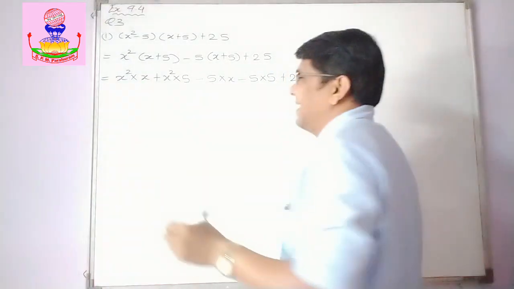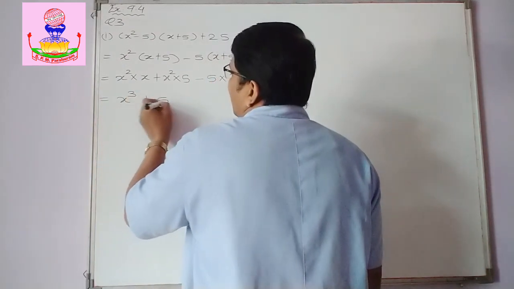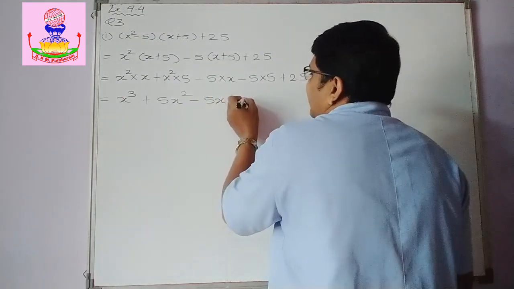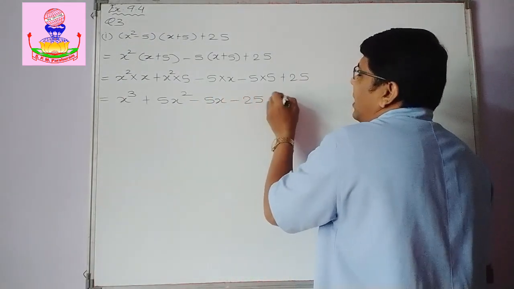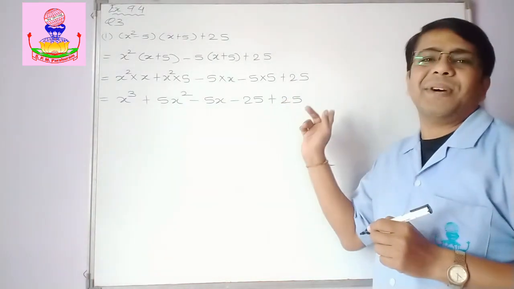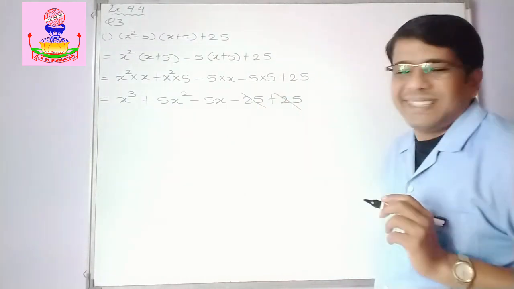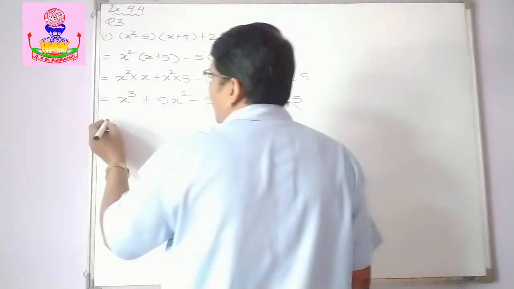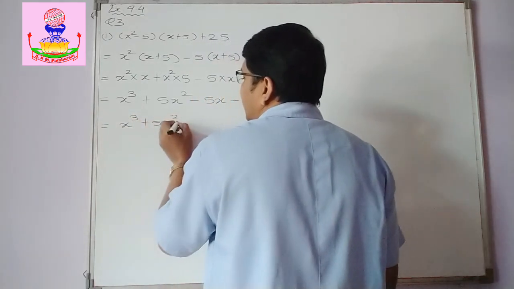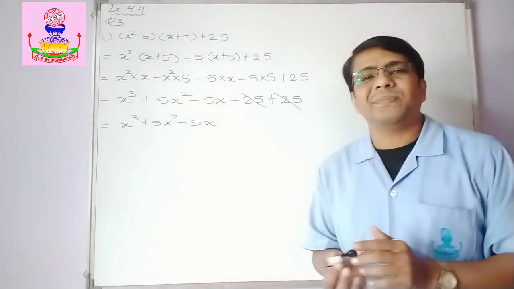Now x square into x, x cube, plus 5x square, minus 5x, 5 5s are 25, so minus 25 plus 25. Now see here, my dear friends, minus 25 plus 25 gets cancelled. So cut it. Now left is what? So x cube plus 5x square minus 5x. That is the simplified form.